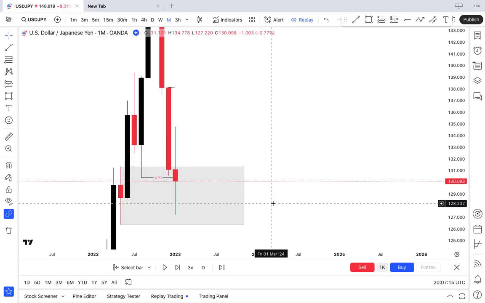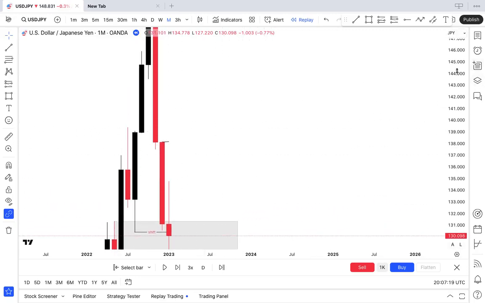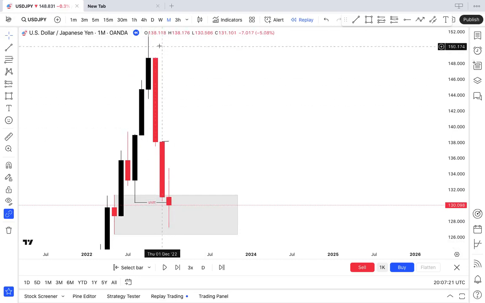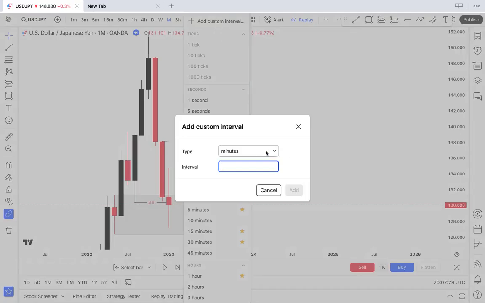or it can be something like... Okay, let us see here. Maybe months, we make it 2, maybe 3 months.